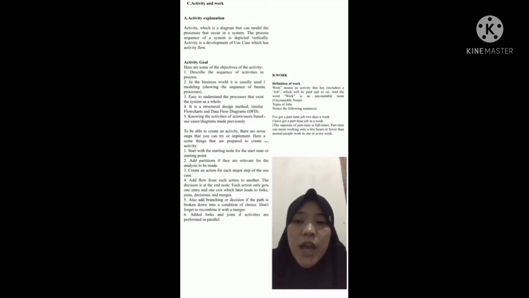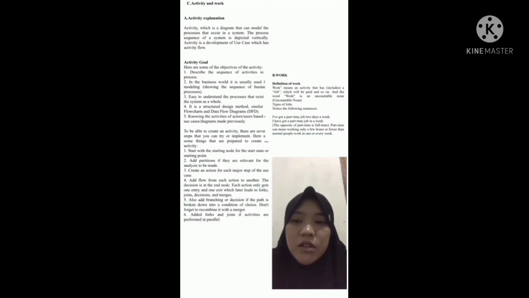Number two, add partitions if they are relevant for the analysis to be made. Number three, create an actor for each major step of the use case. Number four, add flow from each actor to another.